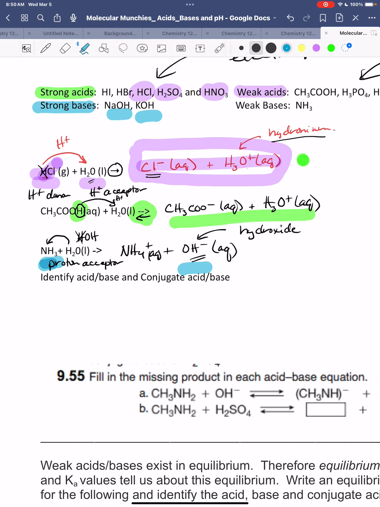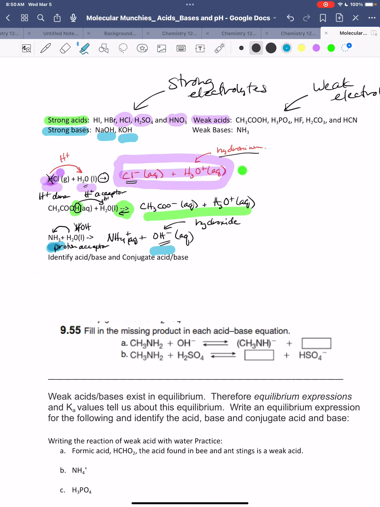Okay, so basically, when we do these acid-base reactions, we want to chat about these words. There's a couple vocabulary words here that we just got to throw in. We can identify the acid and base, right? The acid is going to be the proton donor. The base is going to be the proton acceptor.